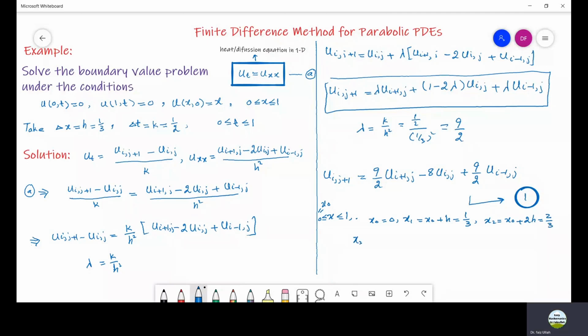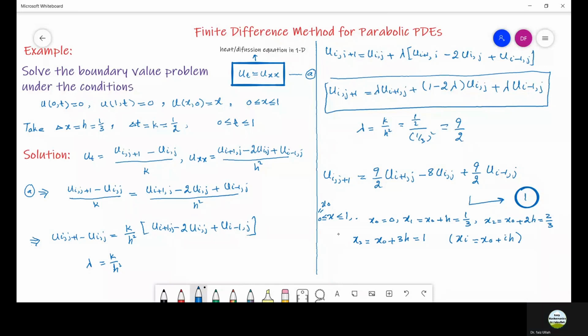Now the value of x3 is equal to x naught plus 3h, and from here we get 3 into 1 over 3, so the value of x3 is 1.